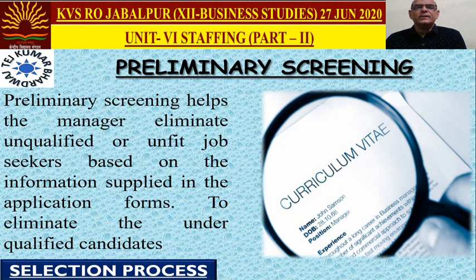What I have observed is that generally an interview kind of thing is conducted, or a small pen and paper test is taken, or the documents are scrutinized to see whether the candidate is fulfilling all the terms and conditions or qualifications for the job or not. So many of them who are not suitable for the job are screened out at the very first stage. Primary screening is a very important task, so that a basic filtering of the candidates is done. Only those who are suitable must appear for the test.